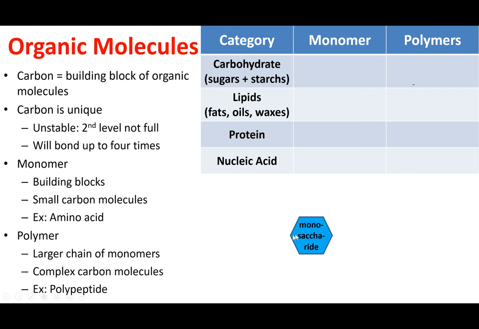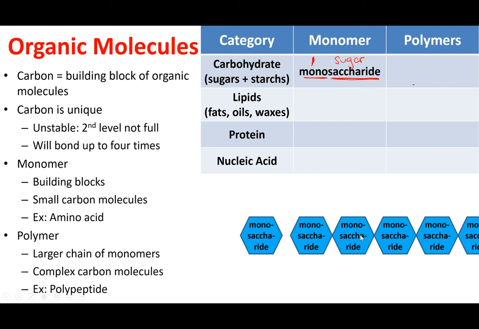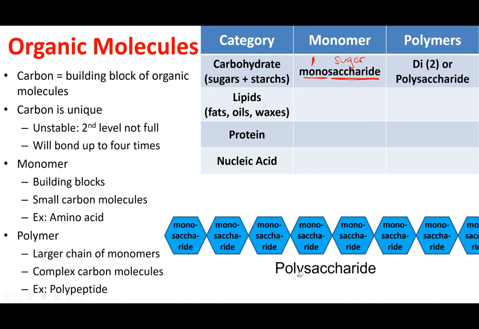The monomer of carbohydrates is a monosaccharide. Mono meaning one, and saccharide means sugar. So if you put more than one monosaccharide together, sometimes you get a disaccharide.